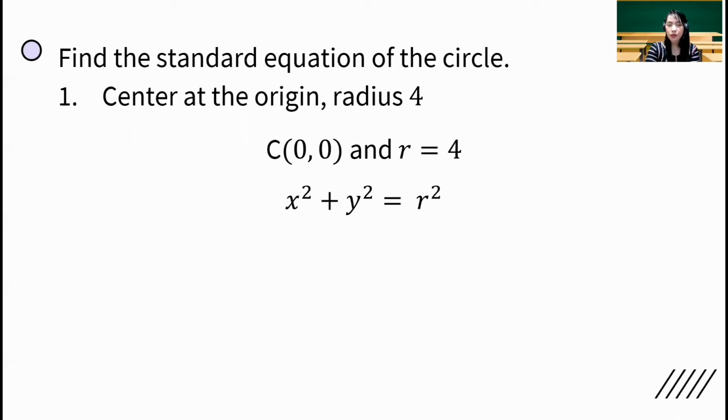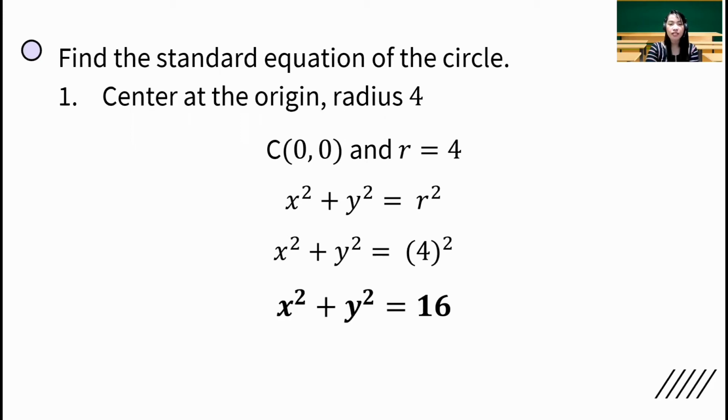Given the radius, we have 4. Just substitute it to the given standard equation. So we have x squared plus y squared equals 4 squared. 4 squared is 16. Therefore, the standard equation, given the center at the origin and radius 4, is x squared plus y squared equals 16.